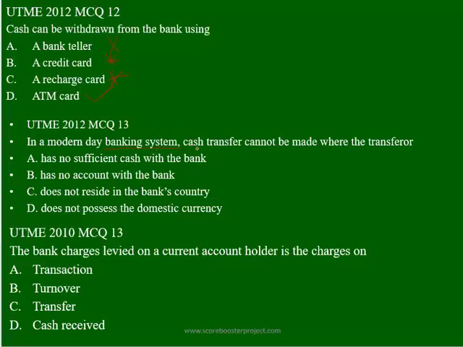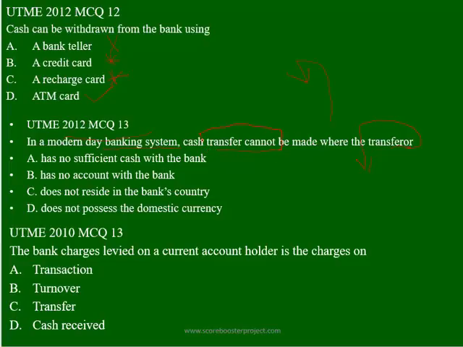The examiner asked us in 2012, question number 13 in JAMB, that cash transfer can be made where the transferor is the person that is transferring the money, and the transferee is the one that is receiving the money. In case the examiner wants to maneuver this question subsequently, let's take note of this.